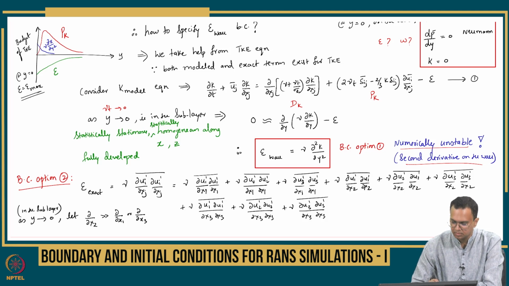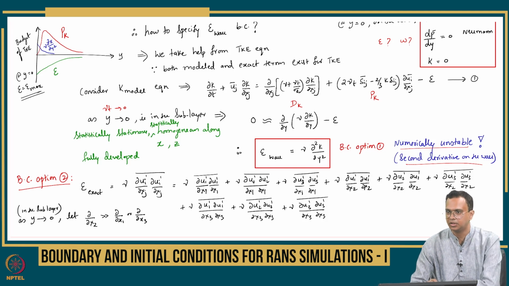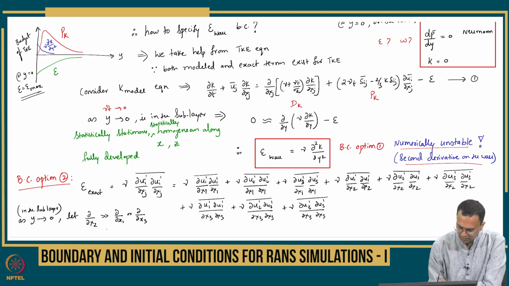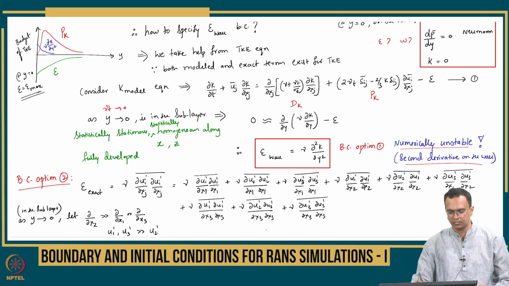In addition, the wall parallel fluctuations will be much larger than the wall normal fluctuation. We already saw the two component limit: v RMS is much smaller than u RMS or w RMS. Therefore, u1' and u3' will be much larger than u2' in the sublayer zone.